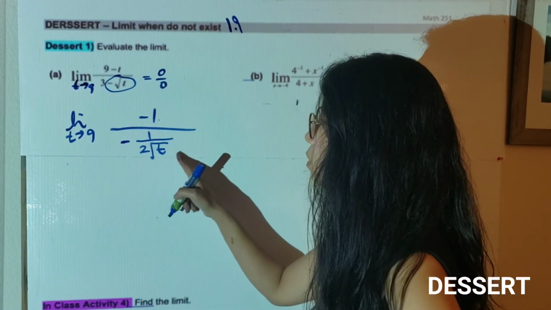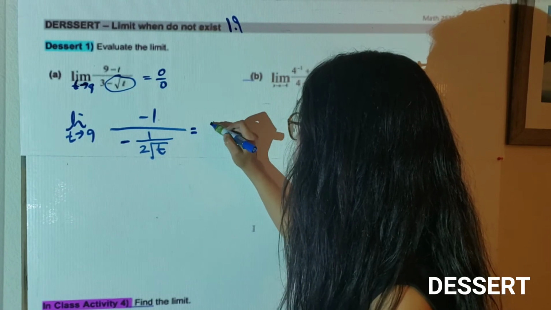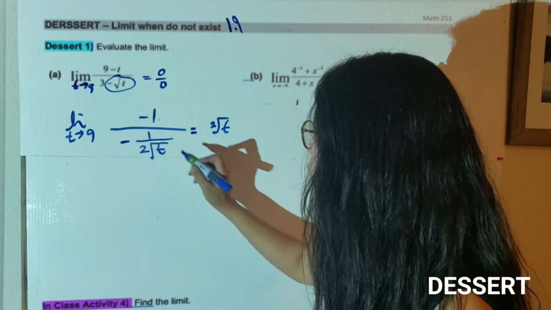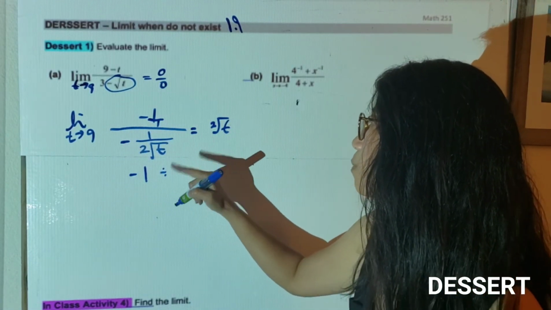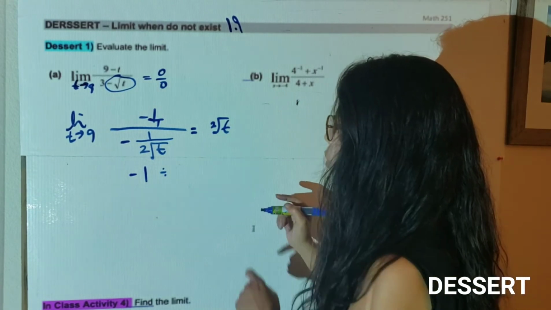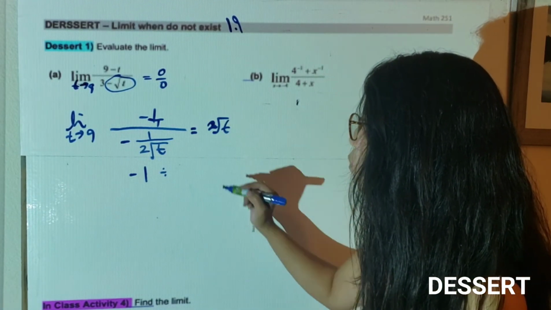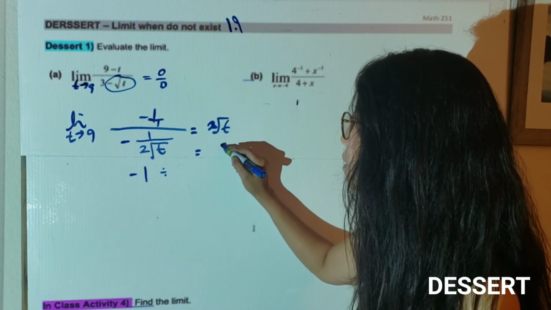From here, if I organize, this becomes plus 2 square root of t. Why? I just used -1 divided by this, which means multiply by the reciprocal. So I get 2 square root of t. Therefore, if I plug in 9 here, I get 6.